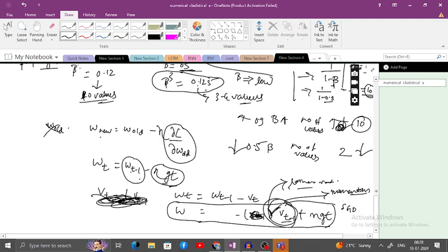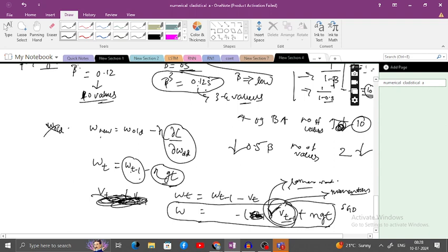So previous values get added based upon the percentage, how many values you have to consider. If beta is 0.9, we consider 10 values. If beta is 0.5, we consider how many values? 2 values.